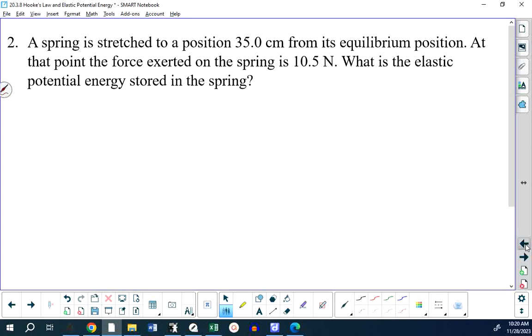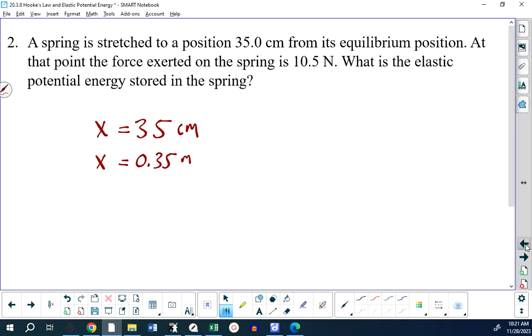That's the equilibrium position. So if I say it's stretched to 35 centimeters below its equilibrium position, then that is the displacement. 35 centimeters is the displacement. So that's x. Which is, in meters, 0.35 meters.